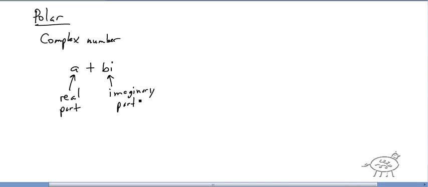All right, so first of all, we call this the rectangular form. And we're going to talk about polar form later on, but just an example is 3 plus 4i. That's a rectangular form of a complex number.